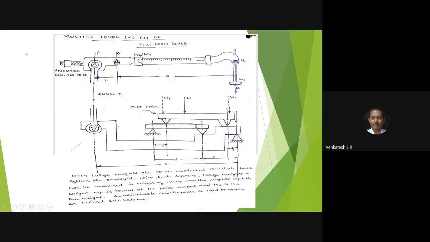All of you have seen that type of weight placed on the hook provided on the beam. If you place 10 kg here and the pointer moves to the 4th division, that indicates 10 plus 4, 14 kgs. Suppose you keep 50 kgs here and the pointer moves 1 division, then the weight is 51 kgs.